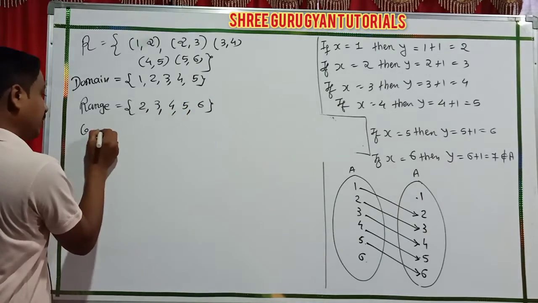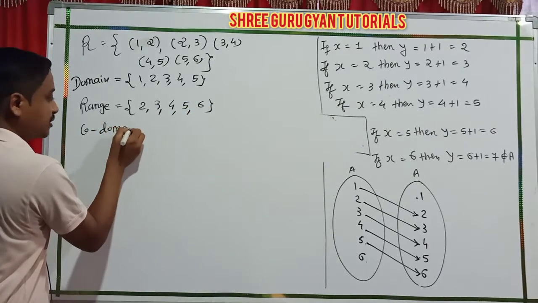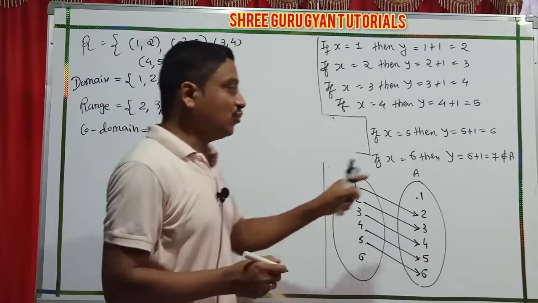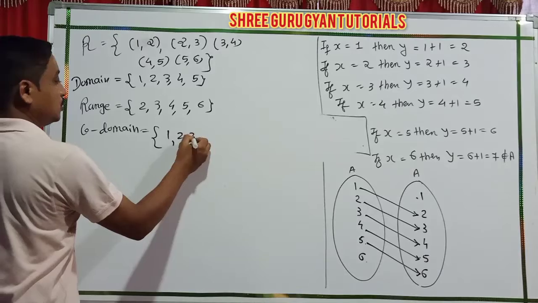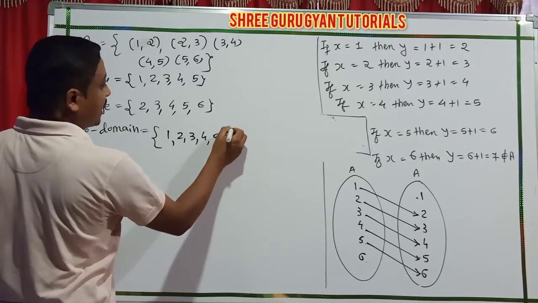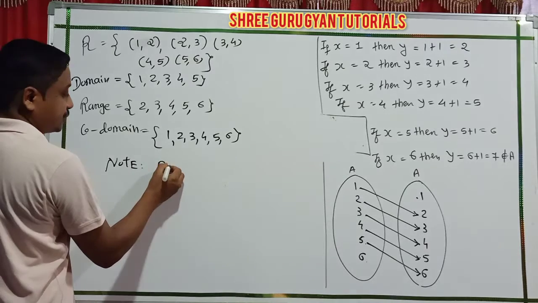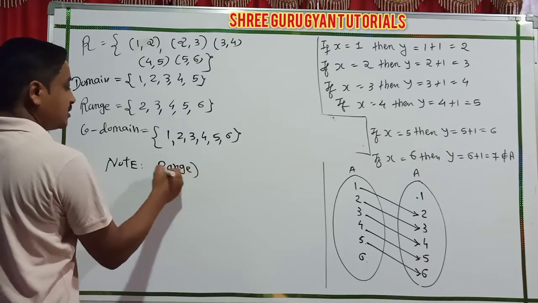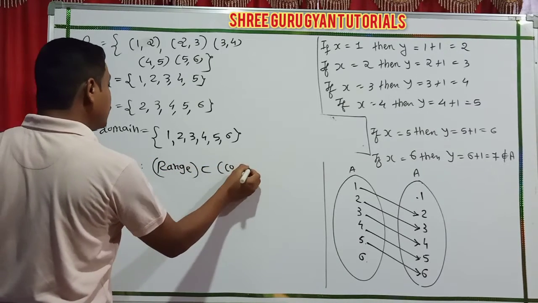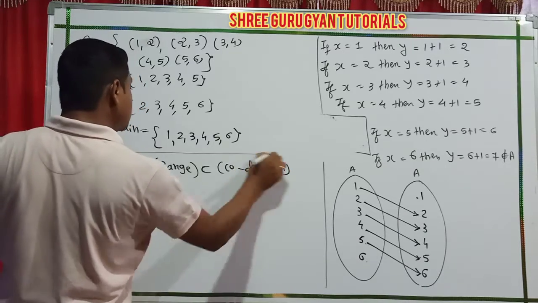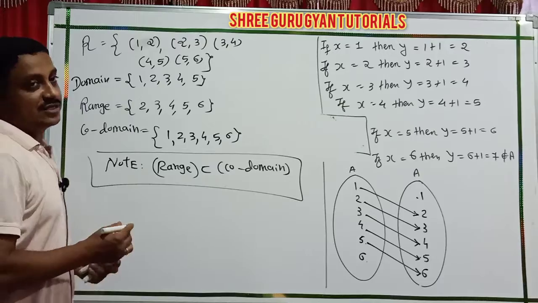And the codomain means, students, the full values 1, 2, 3, 4, 5, 6. Note that the range is always a subset of the codomain. Every time, this statement is proved, students, by these examples.